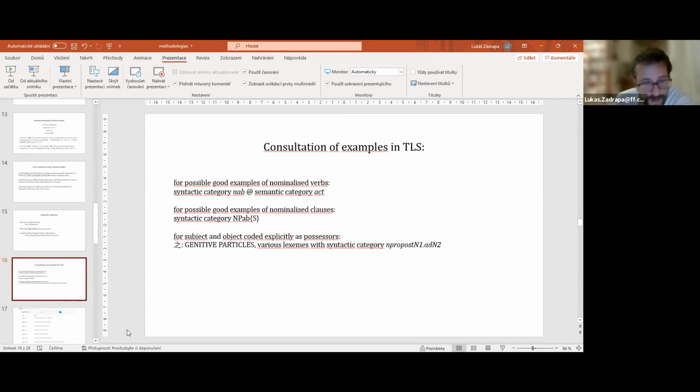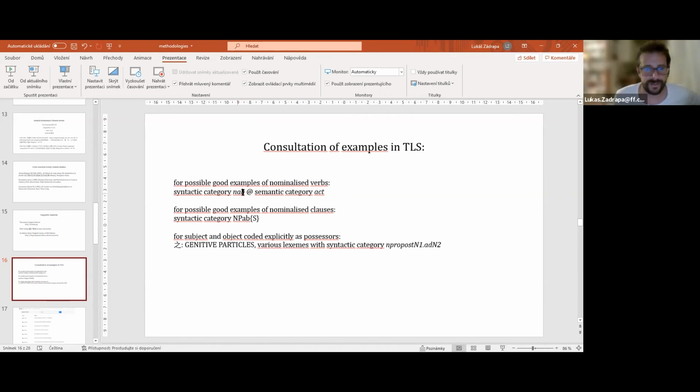Because there are ways to approach examples of action nouns. For example, I am interested in nouns through these categories. You saw the syntactic categories and semantic categories.